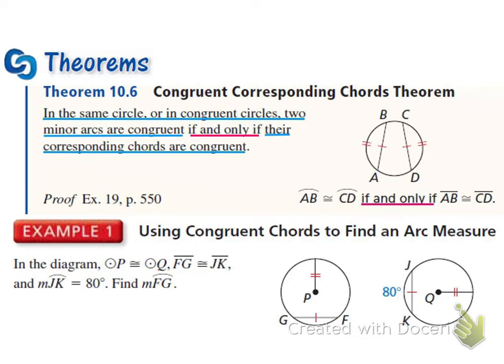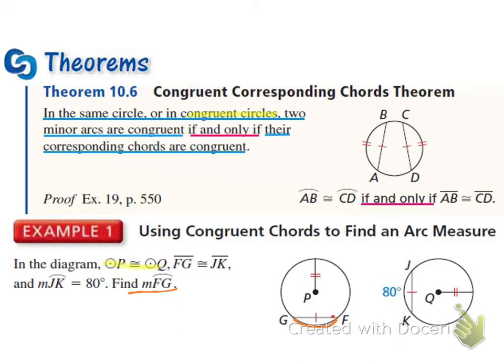In the diagram, circle P is congruent to circle Q. It's very important because they either need to be the same circle or congruent circles. So we've got some congruent circles. We know FG is congruent to JK. And then we know the measure of JK is 80 degrees. So we want to find the measure of FG.